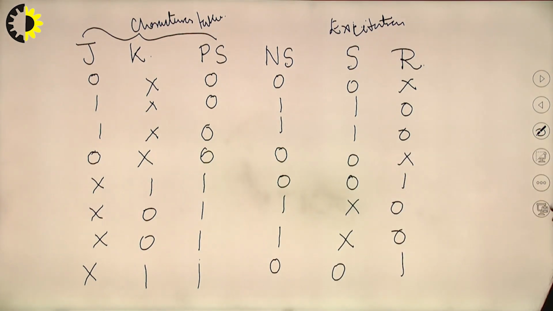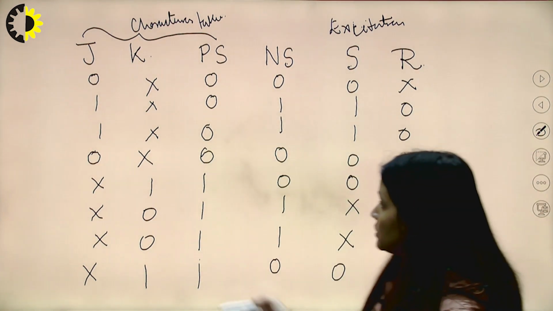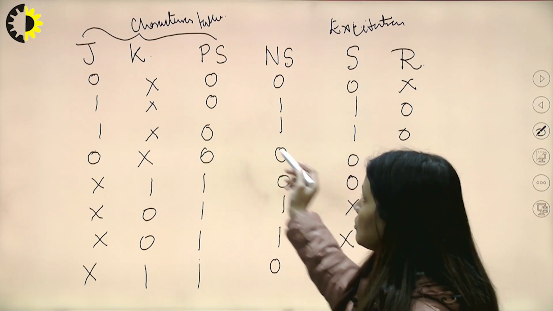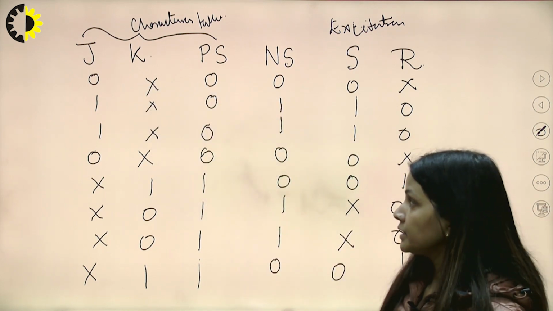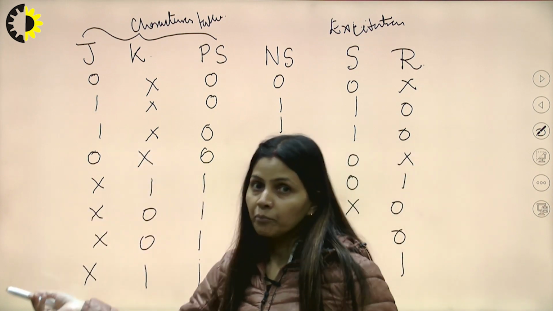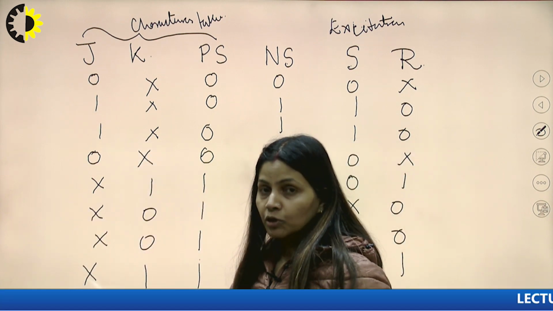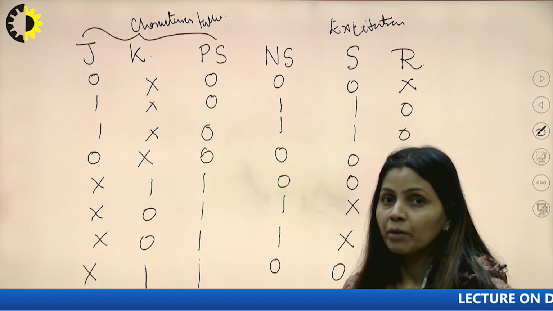So I am repeating the entries. See, 0 cross 0, 0, 0 cross 0, 0. There is no use of repeating the entries, and it is difficult to make the K map from crosses because we don't specify a K map as a cross.